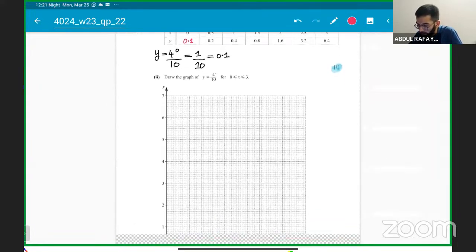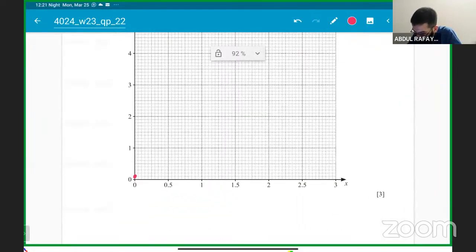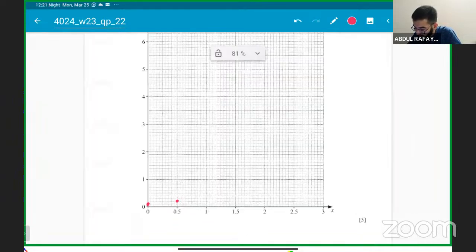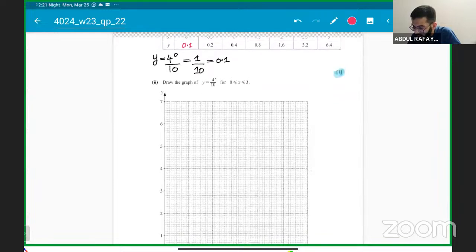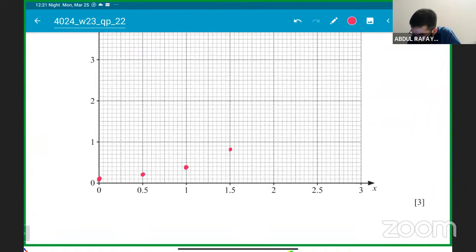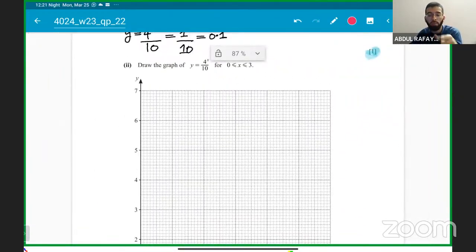When x is 0.5, y is 0.2. Then when x is 1, y is 0.4. At 1.5, it is reaching 0.8, students. You can put dots or cross marks, which is very important.